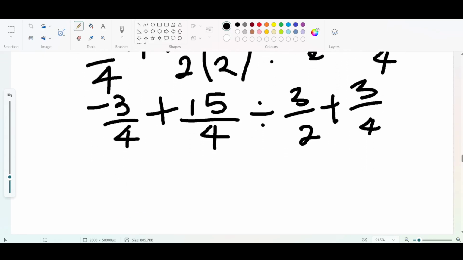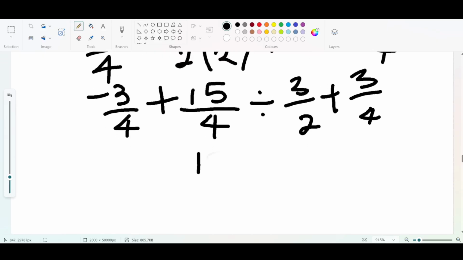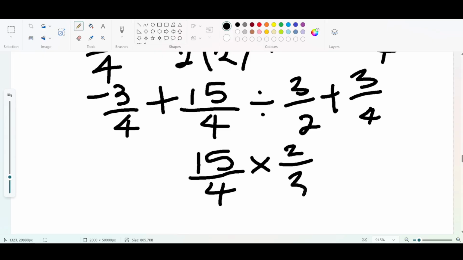Now that the bracket is gone, the next is division. We convert the division to multiplication by inverting. So it's going to be 15 all over 4 times 2 all over 3. The others will still be in their place until we are done with them.